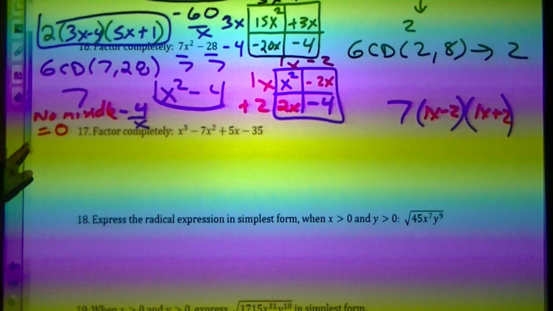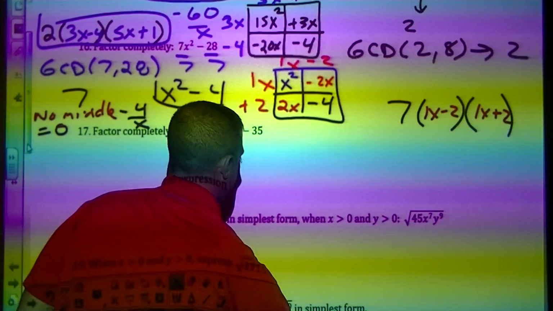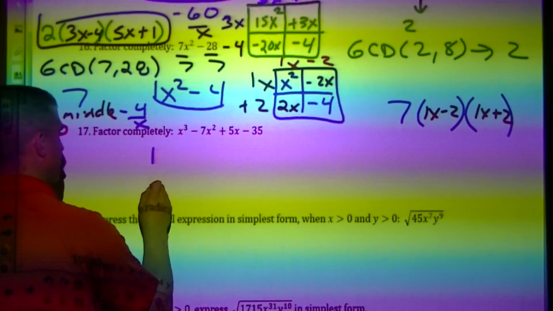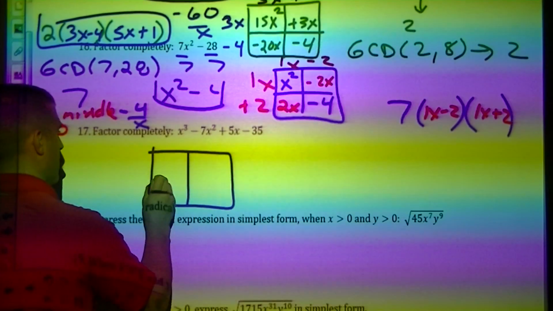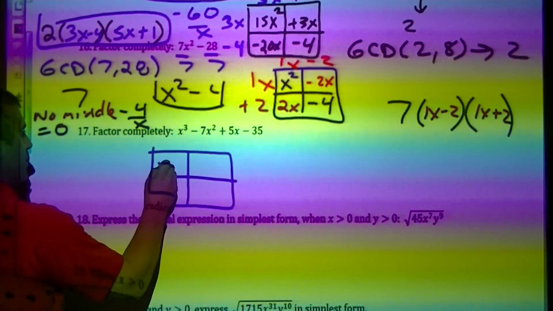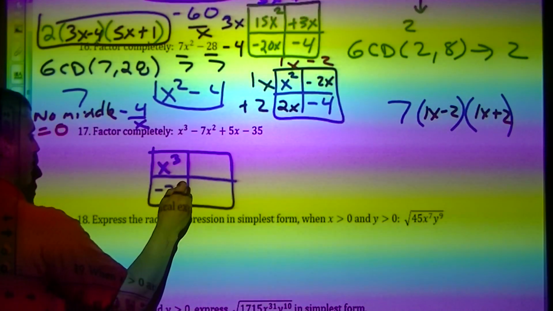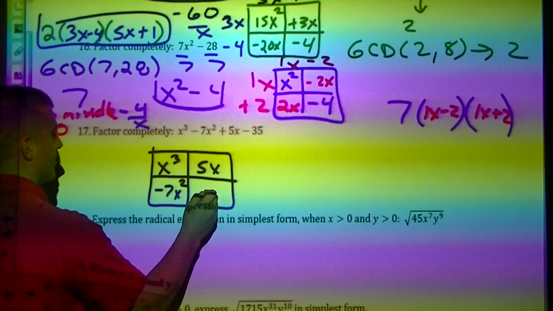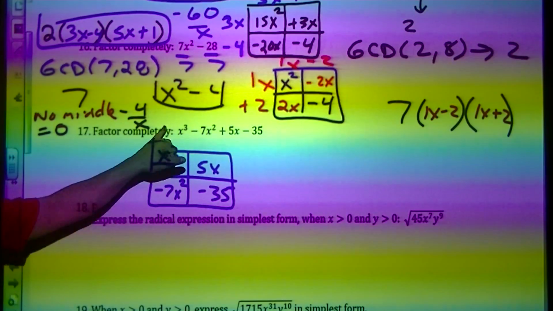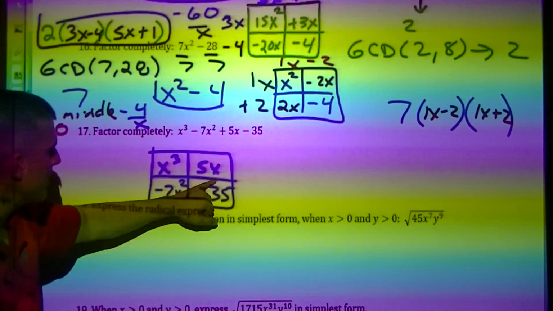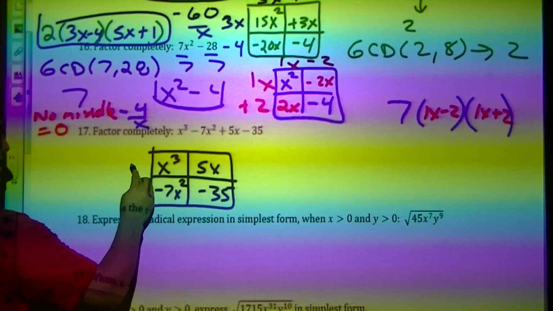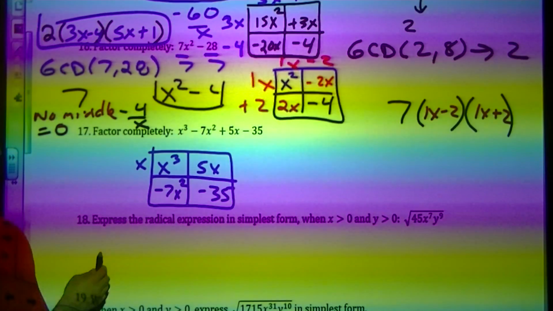Completely factor, once again, we're going to use boxes. I'm going to go in descending order. I'm going to do x cubed, negative 7x squared, 5x, negative 35. When you get 4 terms, go ahead and just work your way systematically around it. So I got an x cubed here. Nothing there.